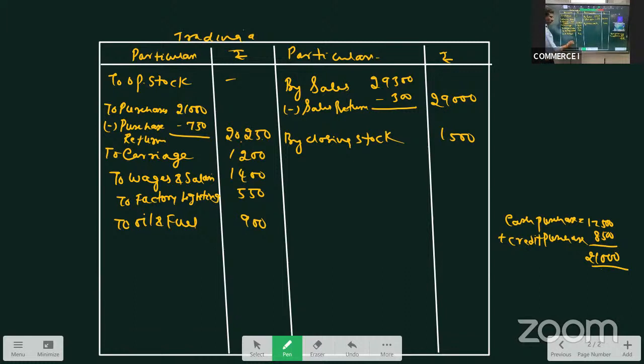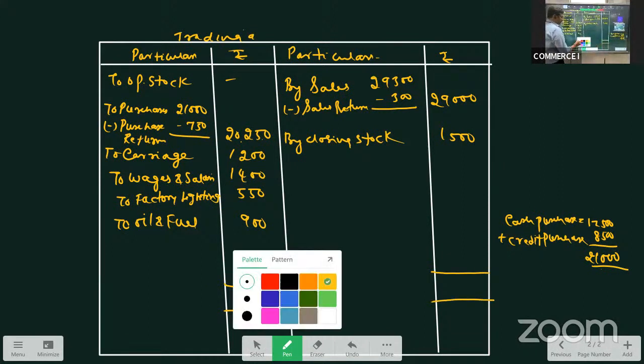See, while balancing, here also you have to pay attention and see which side is heavy. If credit side is heavy, most of the time, the credit side only will be heavy. If credit side is heavy, the difference is called gross profit. If debit side is heavy, the difference is called gross loss. So let us see 29, 30,000, 21, 22. Yeah, credit side only is heavy.